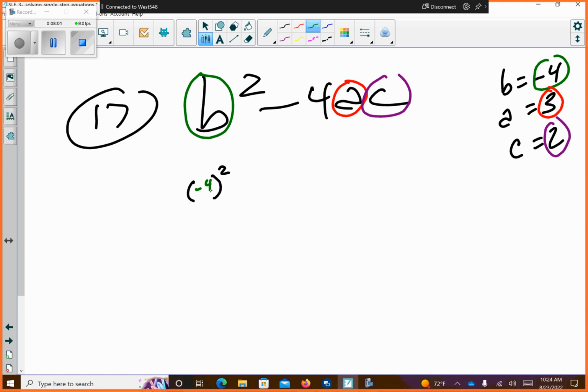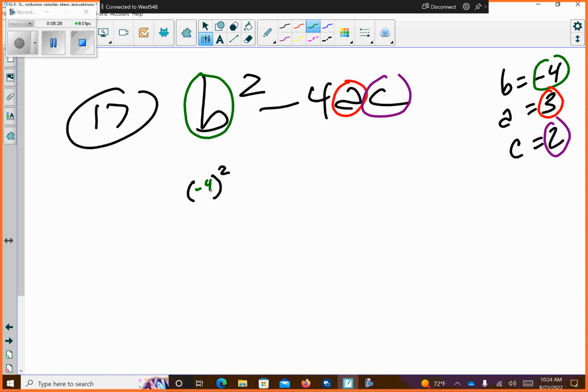Notice, I know that my B value, when I plug it in, is negative 4. Agree? What do you notice that I put the negative 4 in? I put it in parentheses, because whatever value B will be, I want to square.